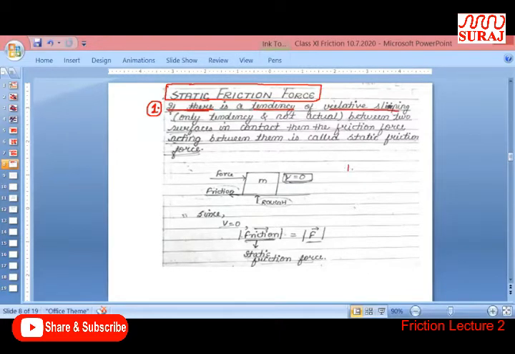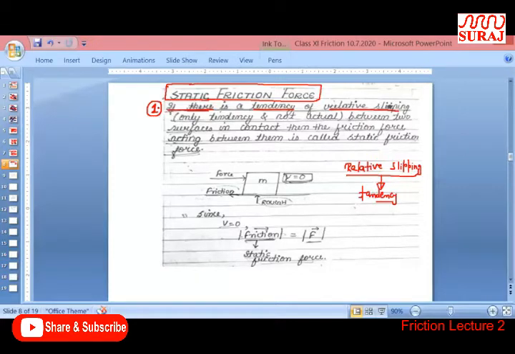What is written? Relative slipping or motion, you can also say relative slipping. And one more important word in this definition is tendency. I'm not saying that the block is moved. The block has tendency to move.